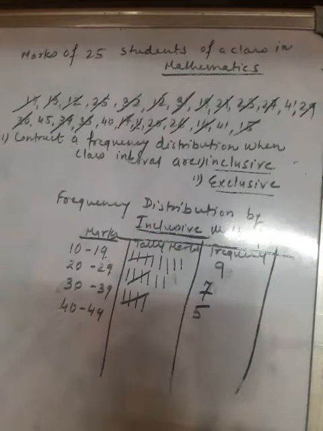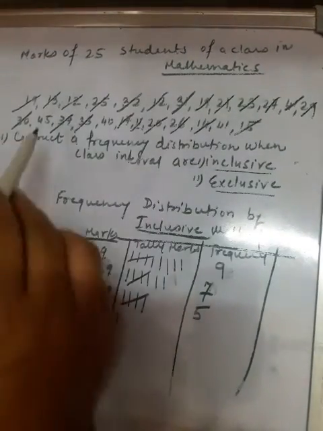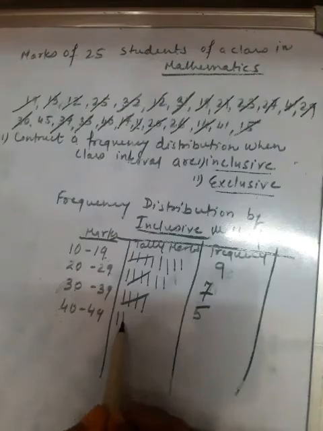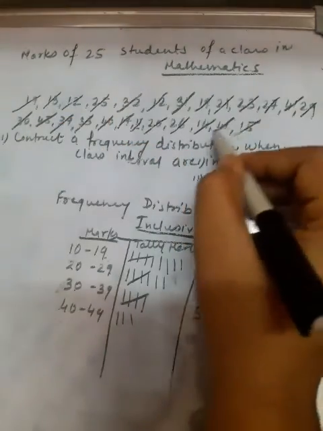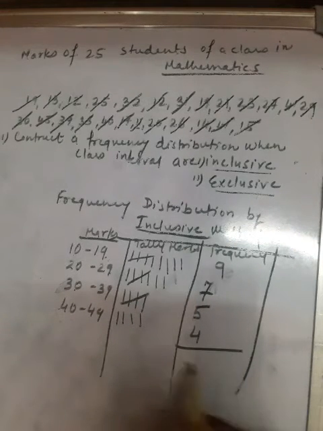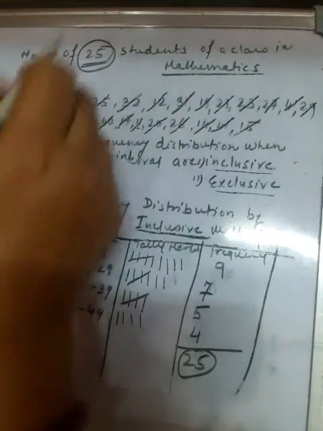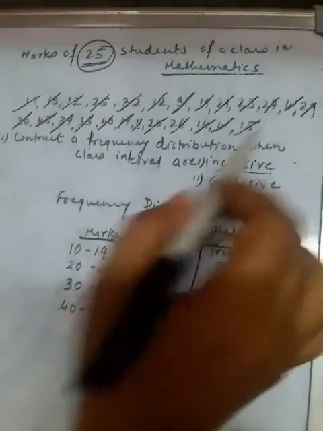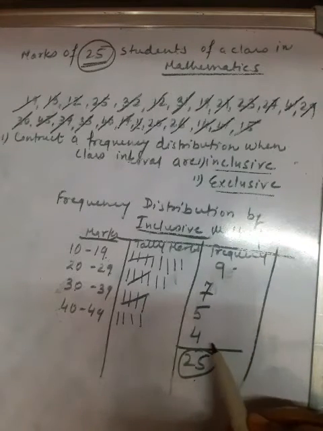Now 40 to 49: 41, 1, 2, 3, and 4, that is 4. The total number of students is 25, and that should be equal to the number of raw data. So the frequencies will be 9, 7, 5, 4.